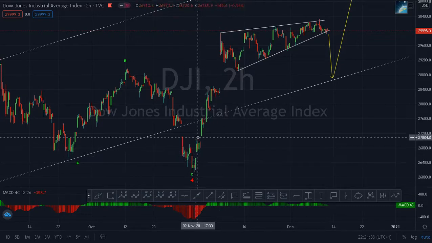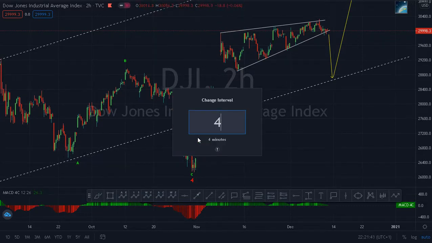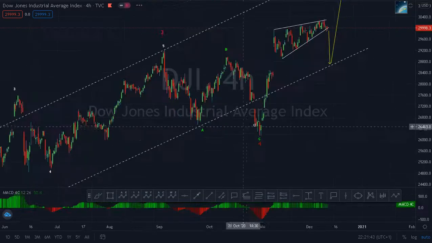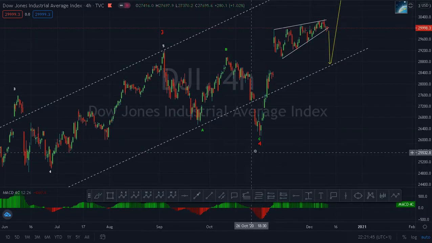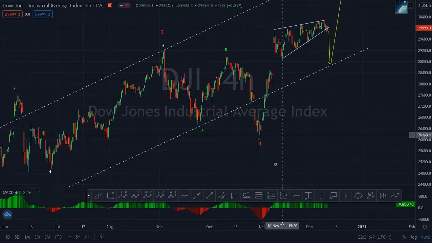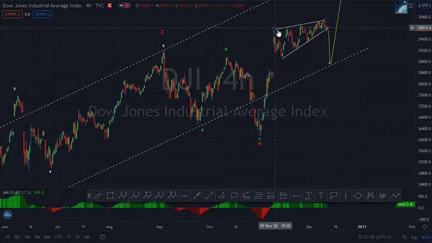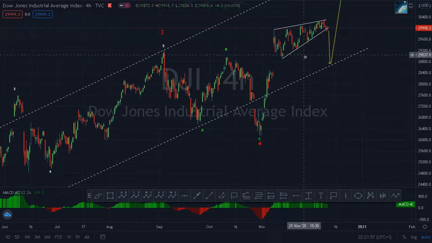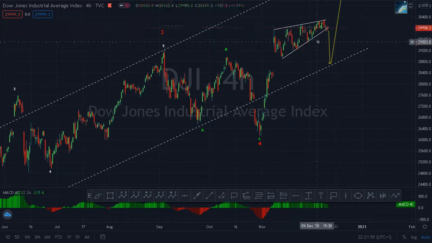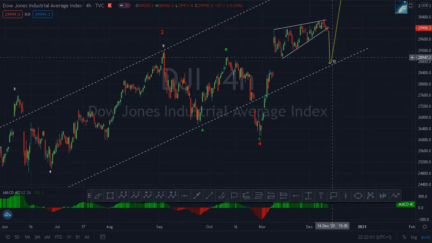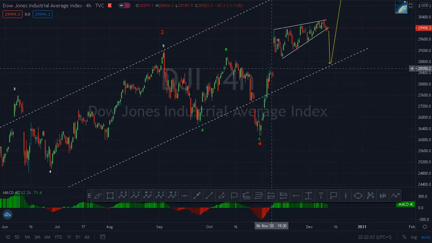And okay, let me go back to 4 hours. This is wave 4, and this can only be wave 1 of 5, and this can be what is called the leading diagonal. 1 2 3, 1 2 3 4 5 down. So this will be 1.